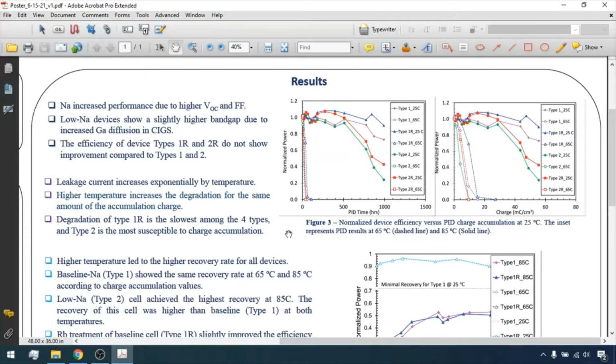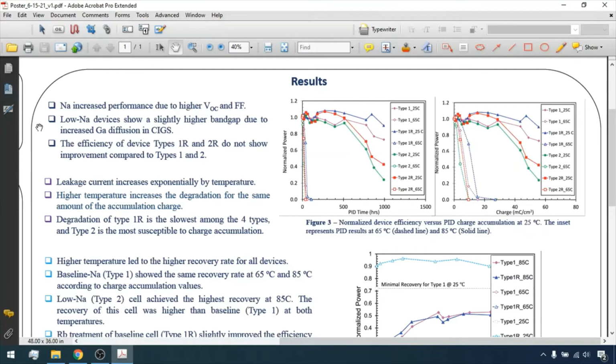So the behavior of the cells before the start of the test at T0, according to their sodium content and rubidium treatment, we observed that the sodium increased the performance of the cells due to the higher open circuit voltage and fill factor.